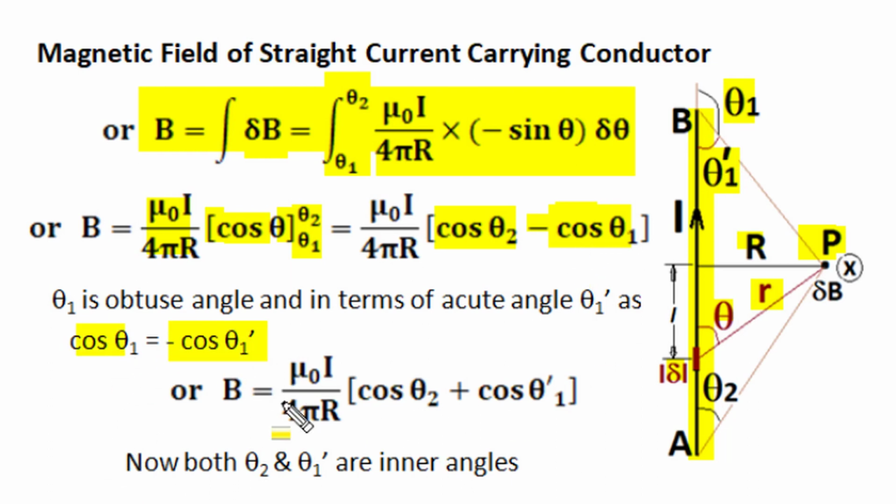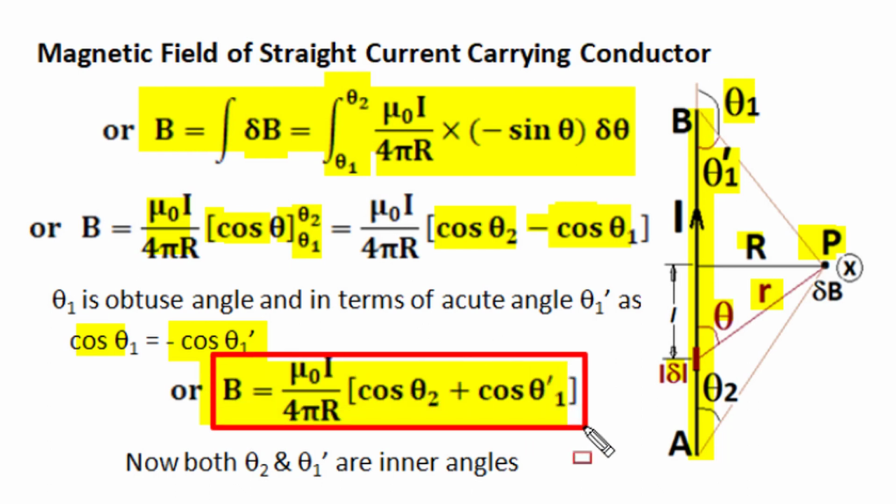So in place of cos theta 1, when we place cos theta 1 dash, with this negative sign, the negative becomes positive. So our relation becomes mu 0 I upon 4 pi R, cos theta 2 plus cos theta 1 dash. Now it is quite easy to remember, as both theta 2 and theta 1 dash are inner angles, and there is a summation sign, so any one term can come before the other one.